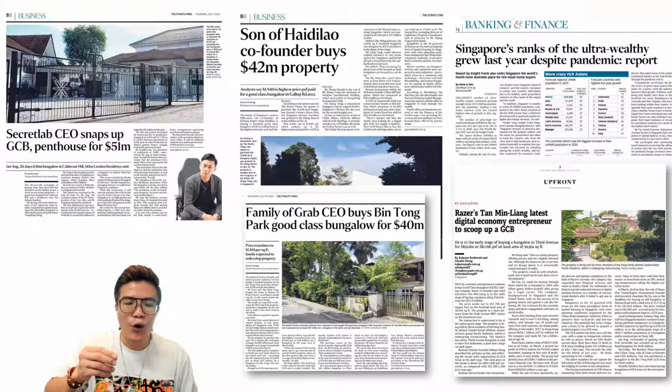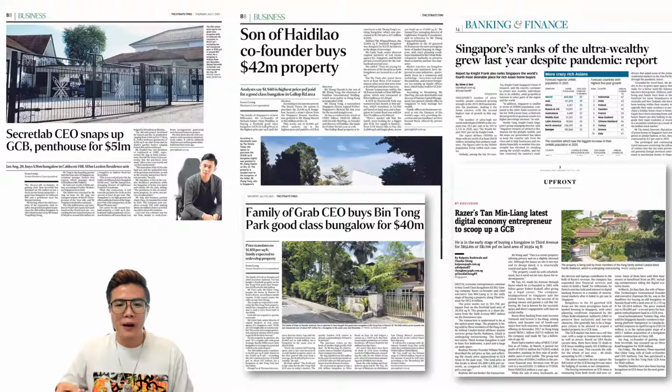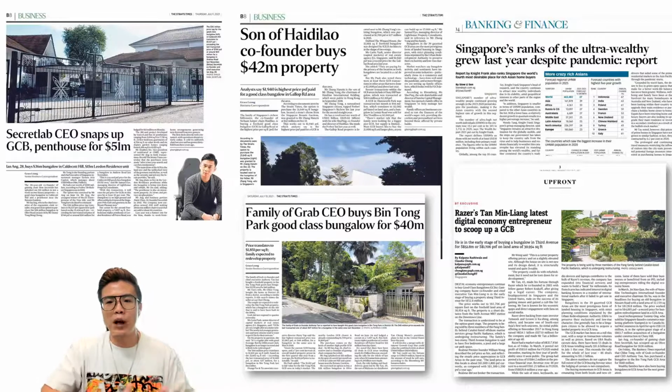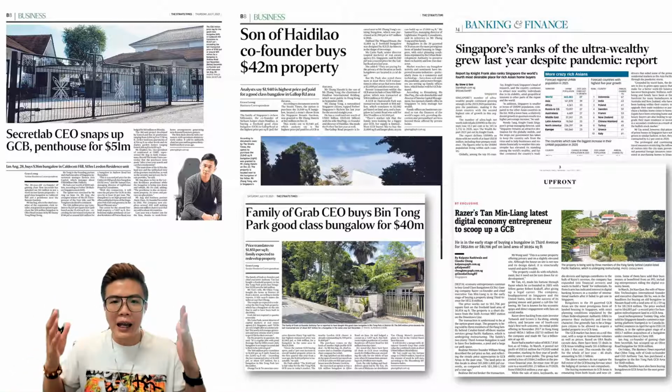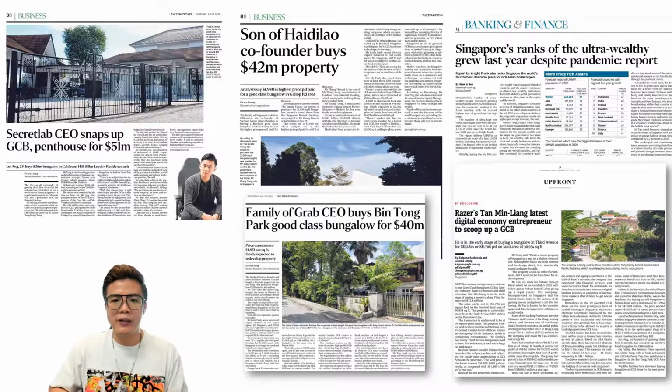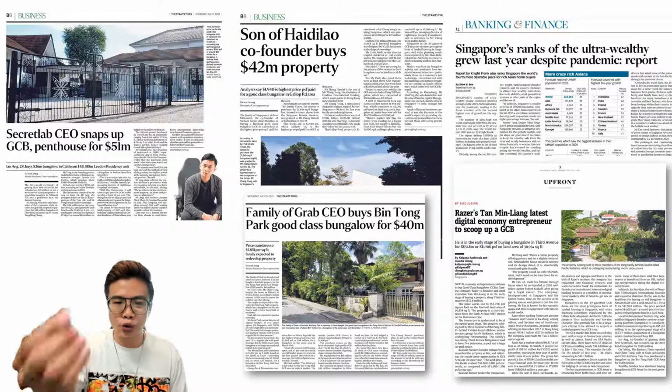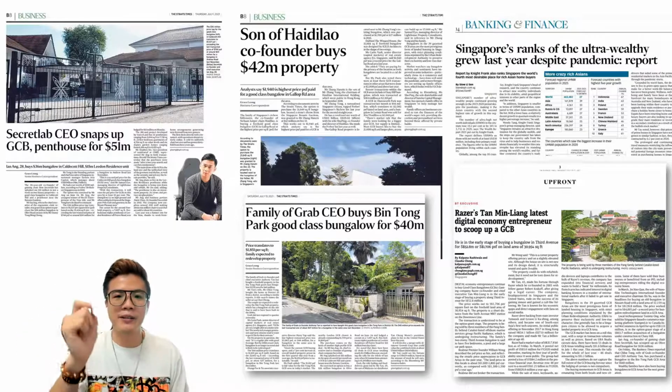These CEOs and high net worth individuals are buying good class bungalows at 40, 50 million. Do they know something that we don't? Singapore is ranked among the ultra wealthy's top interests in Asia, and so many high net worth individuals continue to trust and have 100% faith in Singapore real estate.